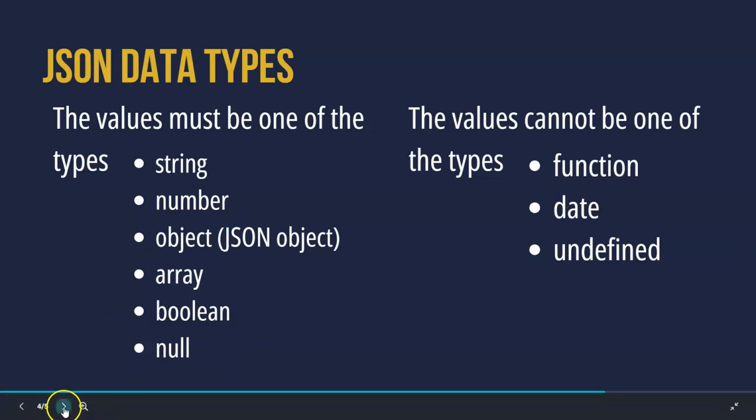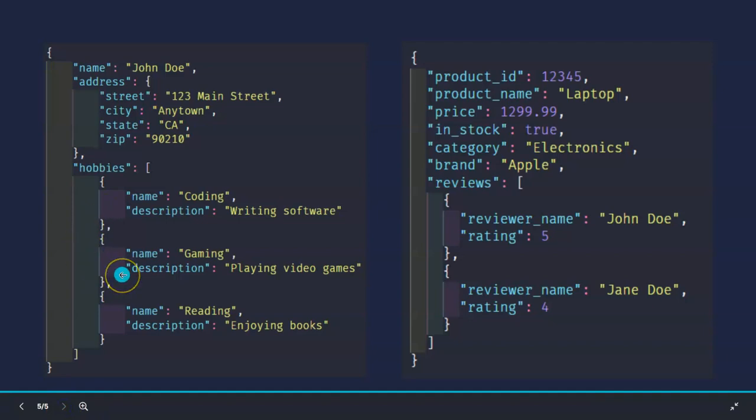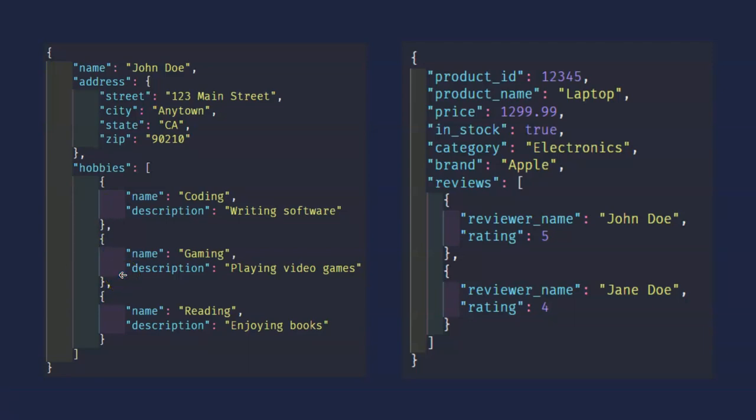To continue, I have here some basic examples of files or objects in JSON format. As you can see, it's really close to the syntax that we use in JavaScript when we build an object. But in JavaScript, the keys don't have these double quotes, right?